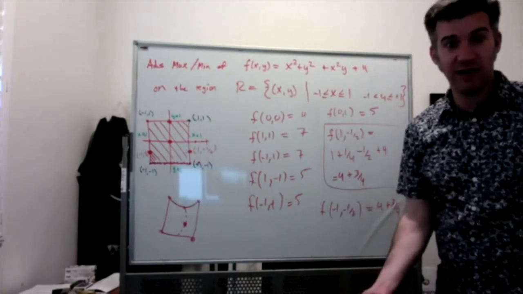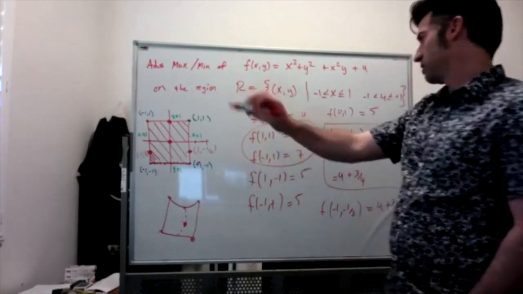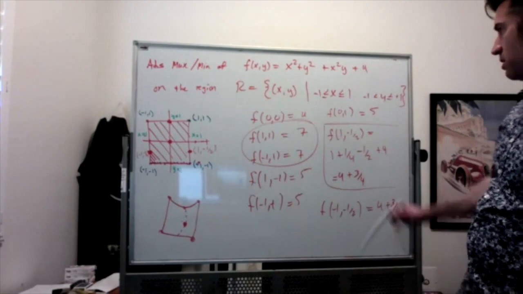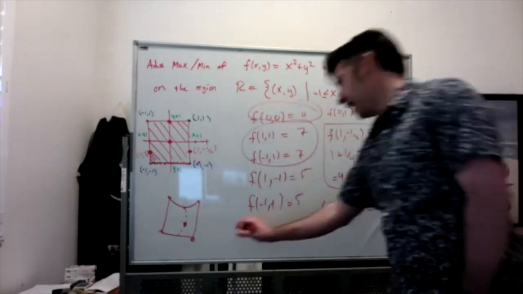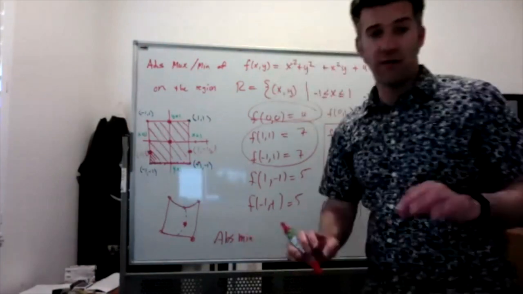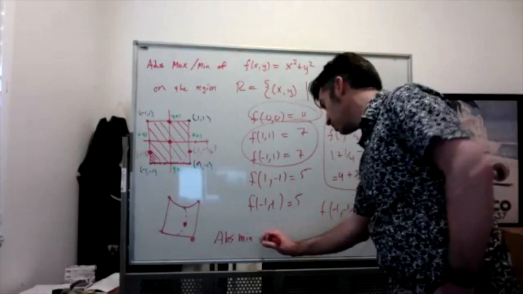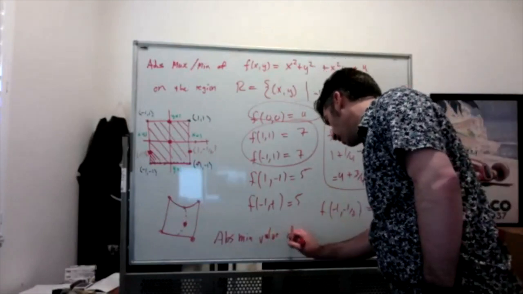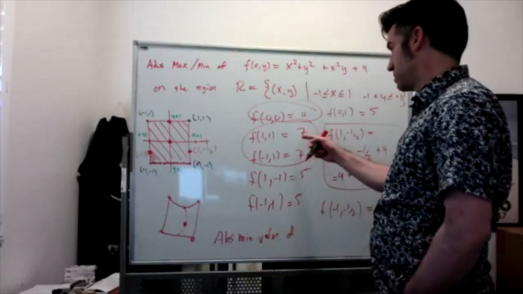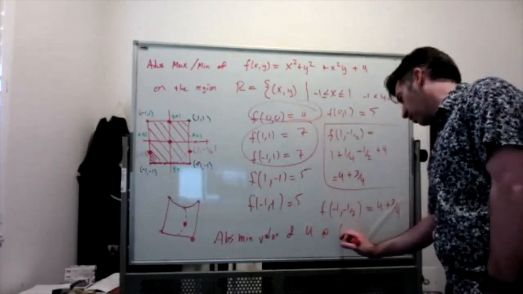Okay, so now we just have to ask ourselves which one's the biggest. Those look like they're the biggest. Which one's the smallest? That one. So we have an absolute maximum, that's an absolute minimum. So be careful. The questions I think usually ask for the minimum value and where it is. So it's a minimum value of 4 at the point 0, 0.